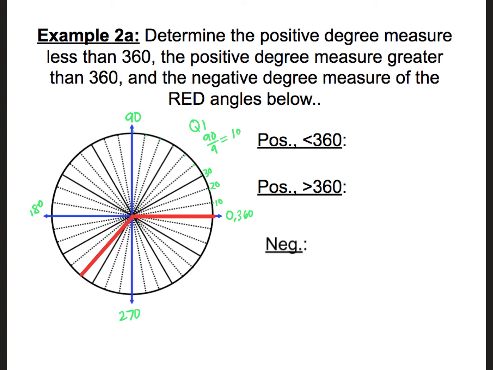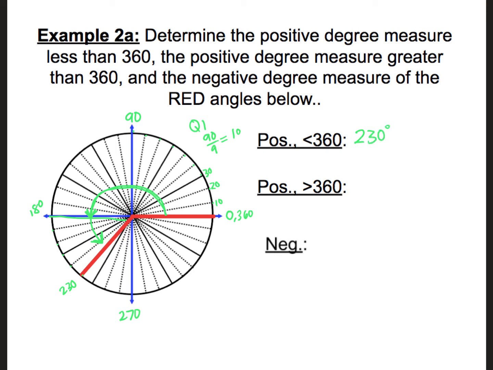The good part about figuring that out is, for my positive angle measure, if I go from my initial side all the way around to the other side of the x-axis, we're at 180. After 180, I go up by 10: 180, 190, 200, 210, 220, 230. So my positive angle measure is going to be 230.